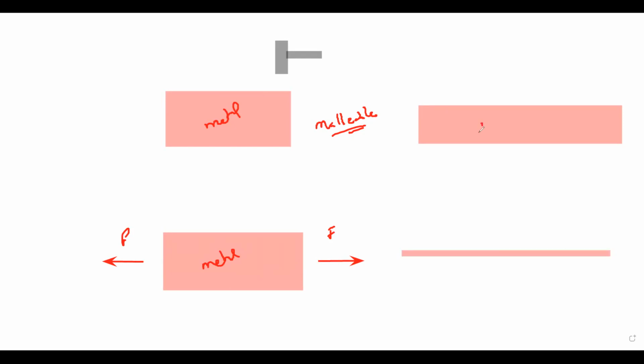So if you are hammering and making a sheet, we call it malleable. But if you are stretching it and making a wire, we call that ductile. So that is the small difference between malleable and ductile. Ductile means stretch into wire, malleable means hammer into sheet.